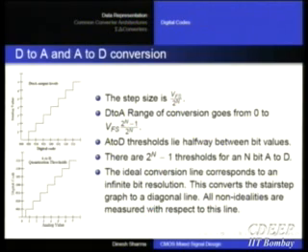Okay, so there is a half bit offset between the steps of quantization in A to D as opposed to D to A. Okay, so D to A, digital word says 0, output is 0, but in A to D, 0 to half is the digital word 0, half to 1.5 in fact is 1, 1.5 to 2.5 is 2, so everything is shifted by half bits.